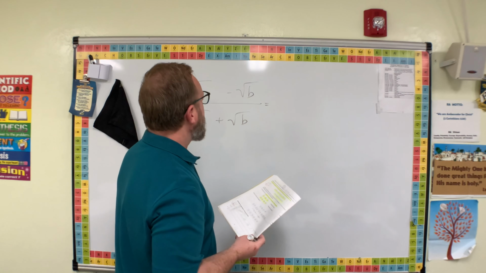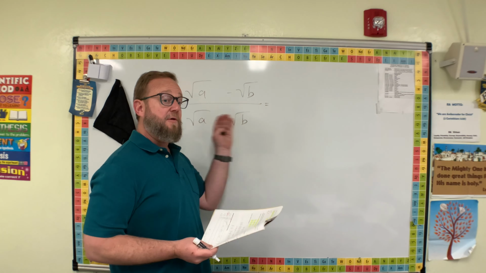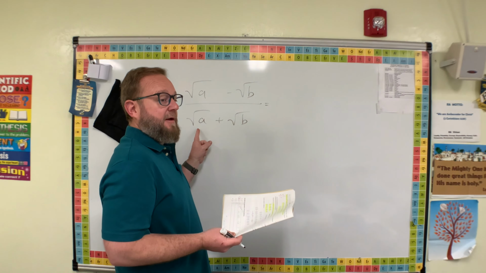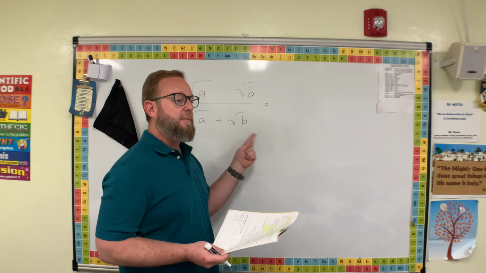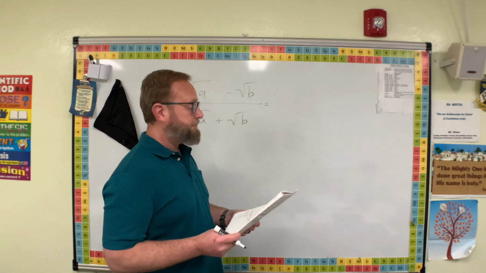Now, if I want to fix this denominator, meaning get rid of all the radicals, I can't just multiply by square root of A. I can't multiply by square root of B. What can I multiply this by to remove the radicals from the denominator?